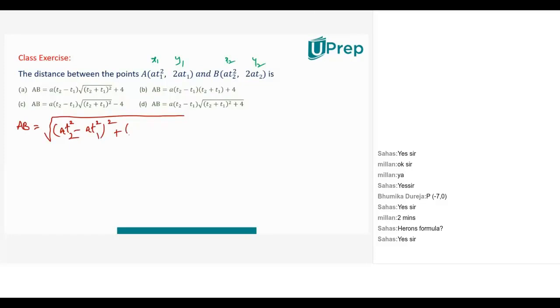Is there a common factor in both the terms? So first I'll bring it out of the square. So it comes out as A square. And what is left inside? T2 square minus T1 square. Plus, from the next two terms in the second bracket, there is 2A and 2A common inside. Then 2A and 2A coming out of the square term. It will be 2A whole square, that is 4A square. After taking this out, what is left? It's simply T2 minus T1 the whole square, correct?